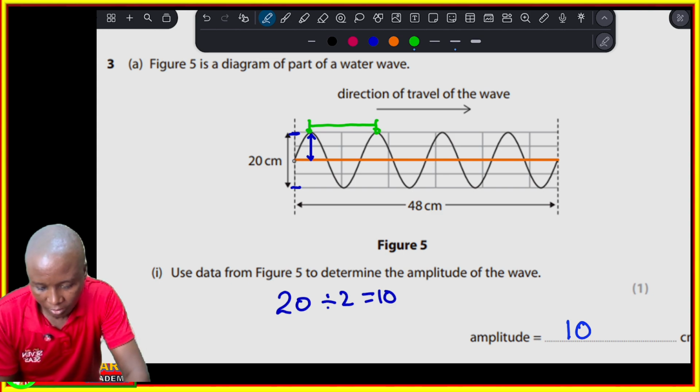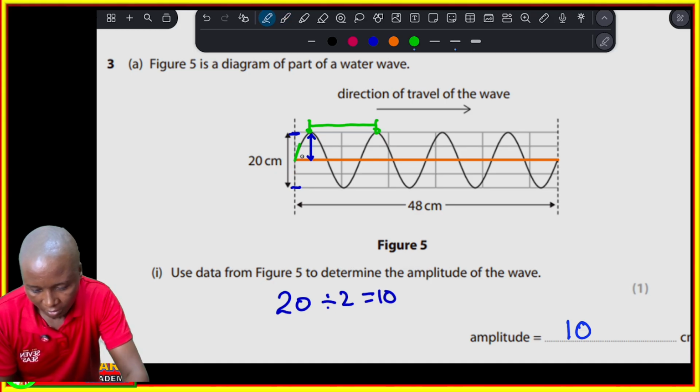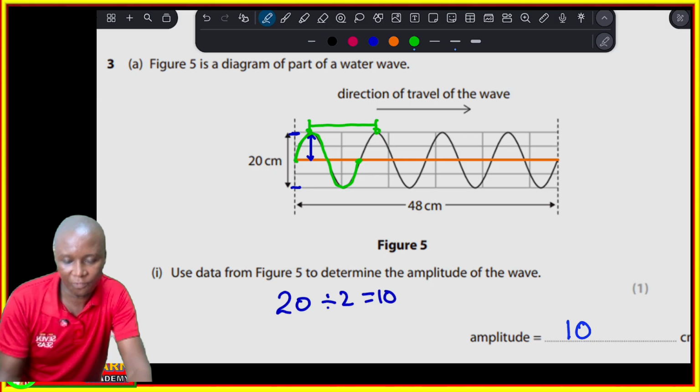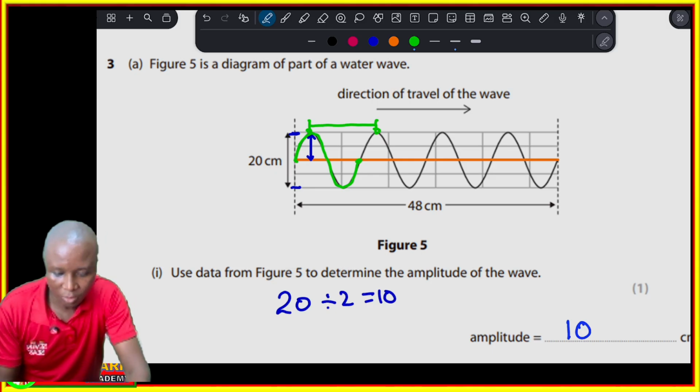So for instance, if I consider this as a wavelength, how many waves do I have from this end here to this farthest end there? I count 1, 2, 3, 4.